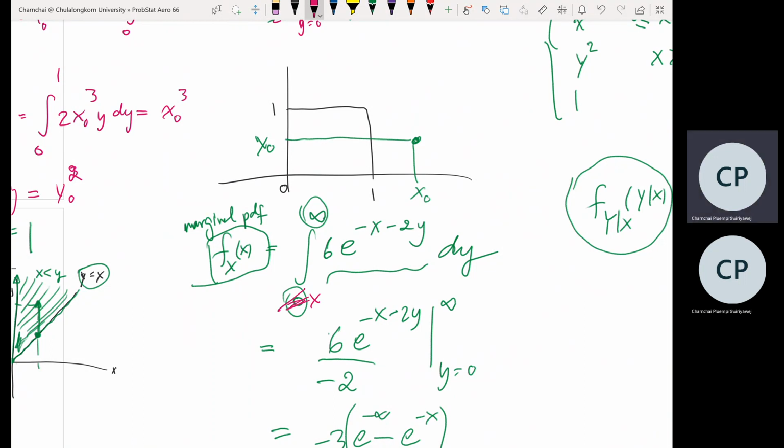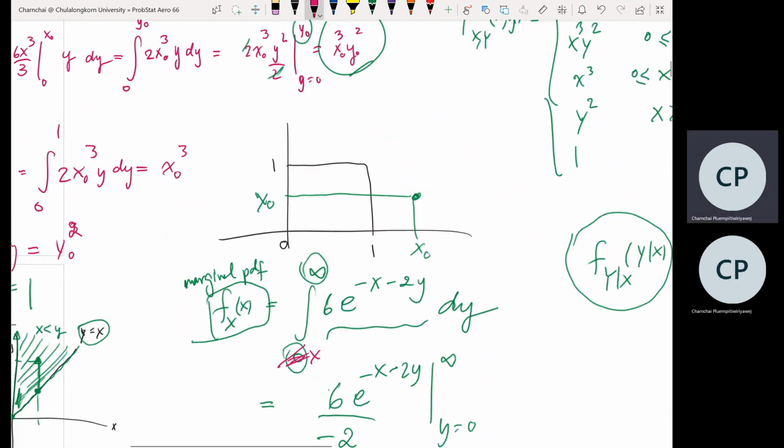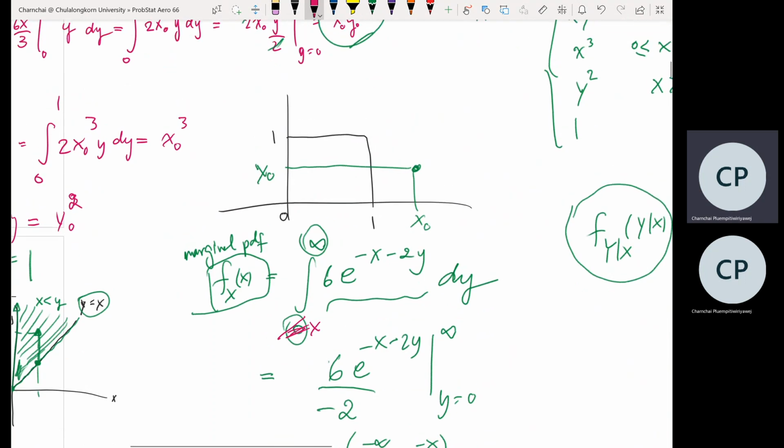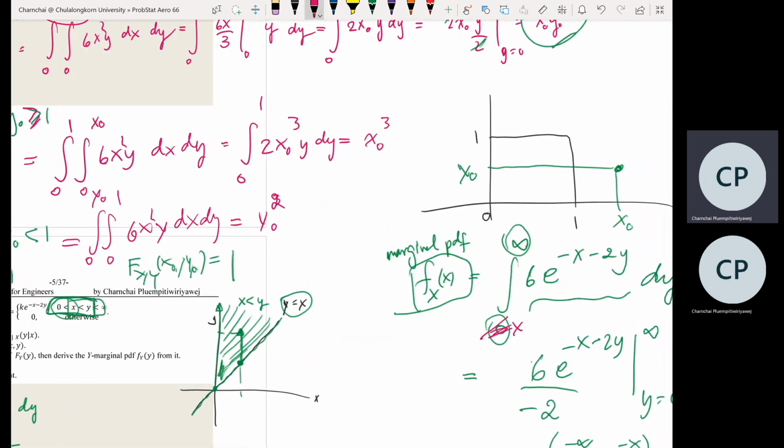โอเคนะครับ because of the definitions, this is the definitions right here.